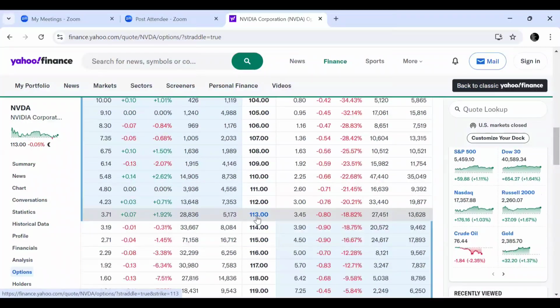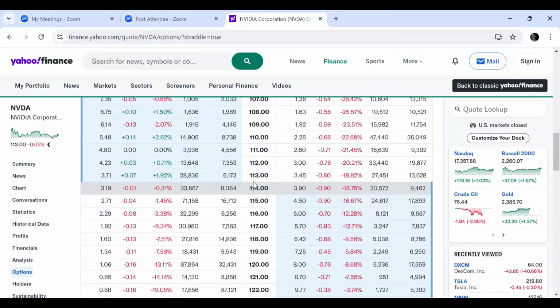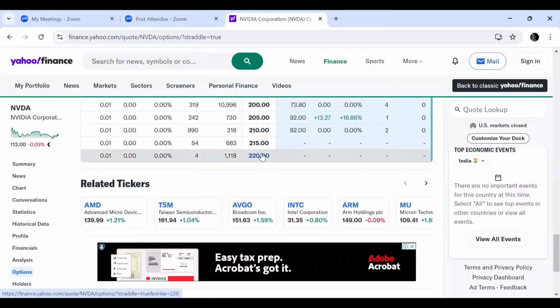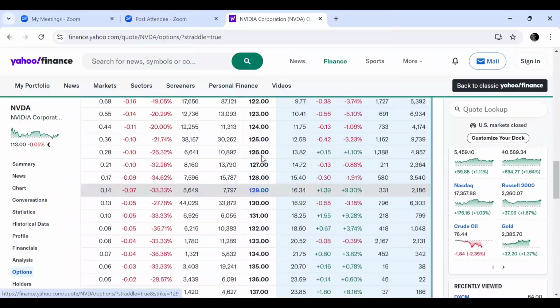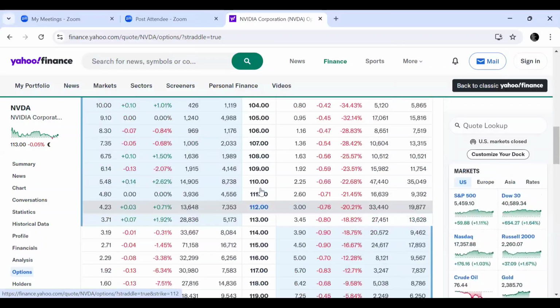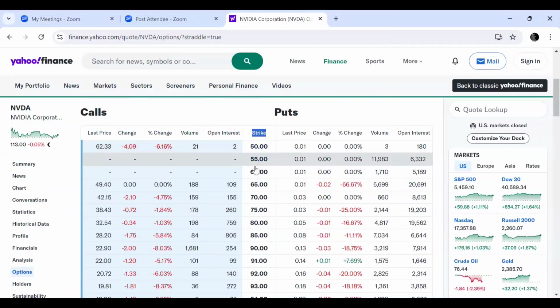The current price of the stock is known as at the money. The prices greater than the current price, from $114 to $220, are all called out of the money options. And the prices less than the current price, from $112 to $50, are all called in the money options.